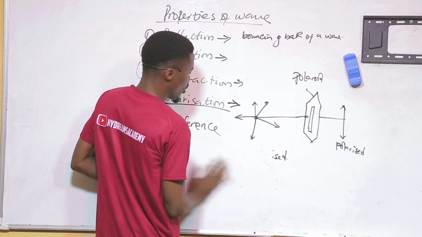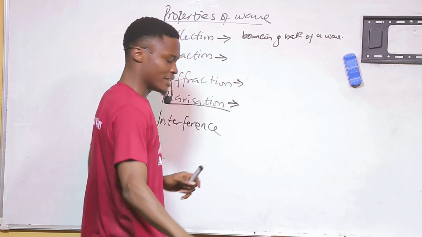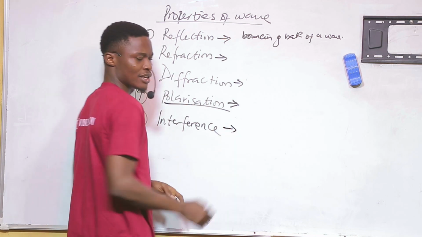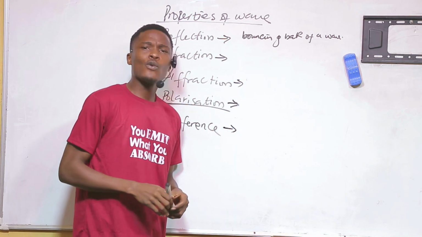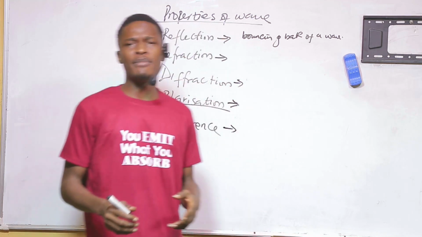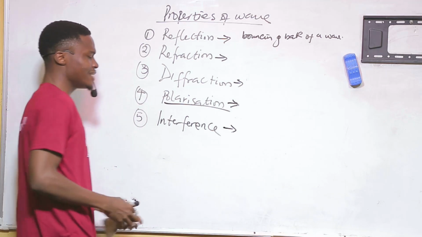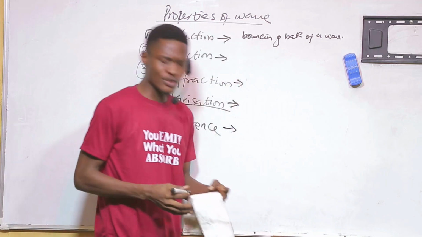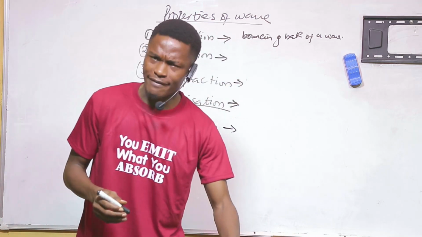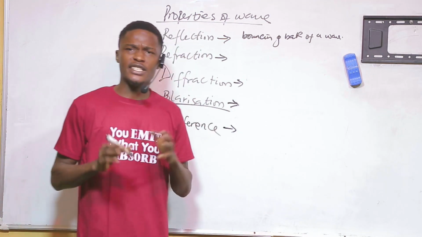Then finally, on properties, we talk about interference. When we say interference, what does it mean to interfere? Interference simply means to disturb. Imagine you are trying to disturb somebody doing something. That is what interference is. But how do we define interference in waves?